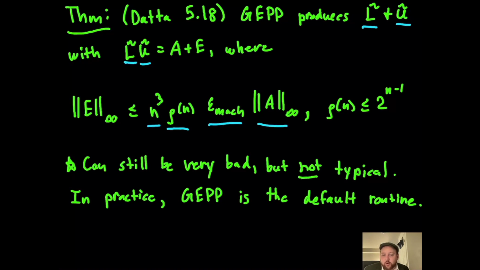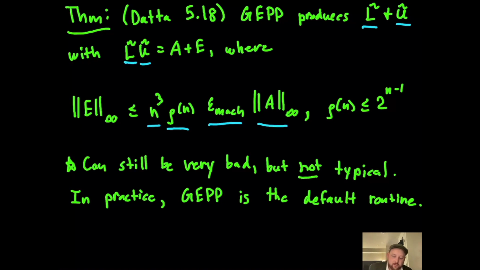It just depends on the infinity norm of A, so it's not dependent on, say, dividing by pivots that are close to 0. It's a fixed number that we know in advance, or could compute.